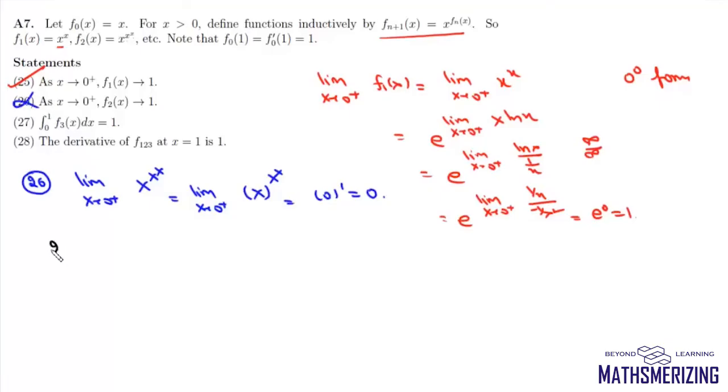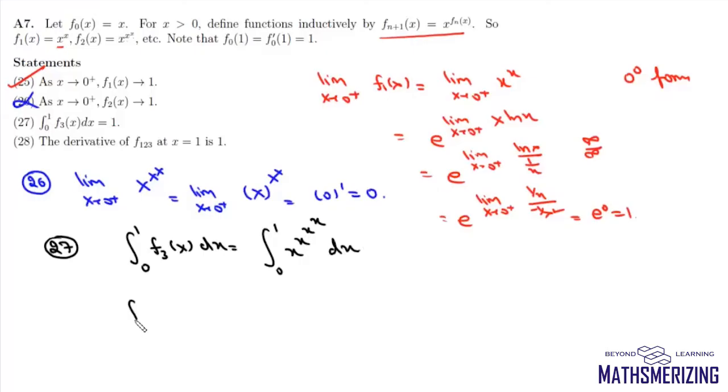Now the 27th is the integral from 0 to 1 of f3x dx, which is the integral from 0 to 1, where f3x is x to the power x dx. Now if you look at this function f3x, it is x to the power x, where x lies between 0 and 1.